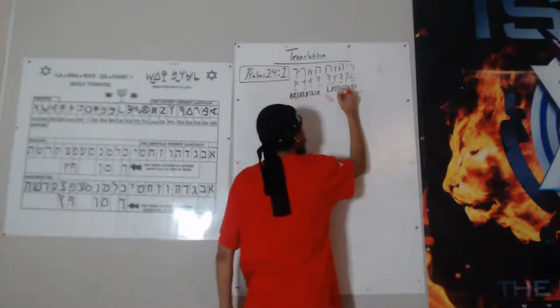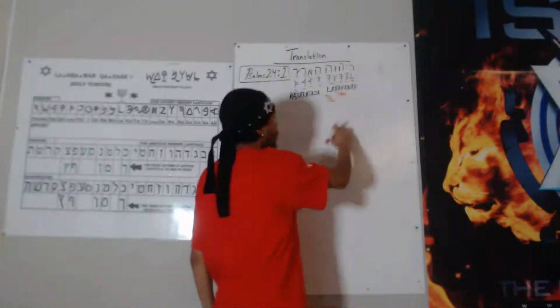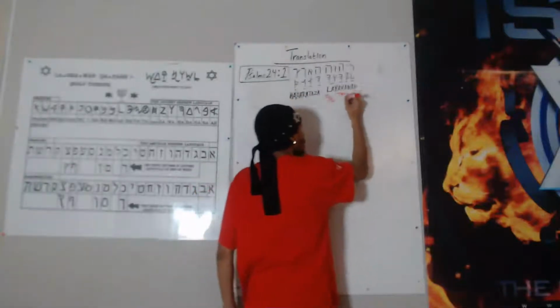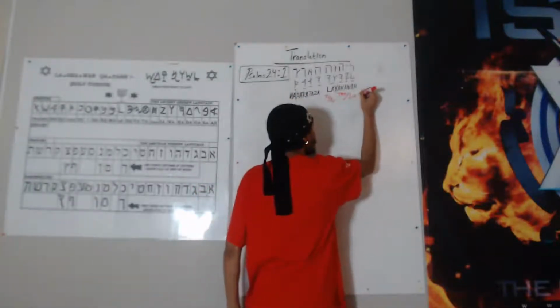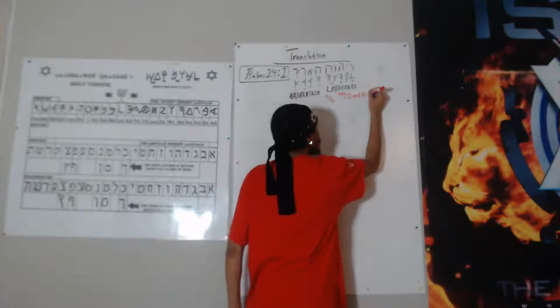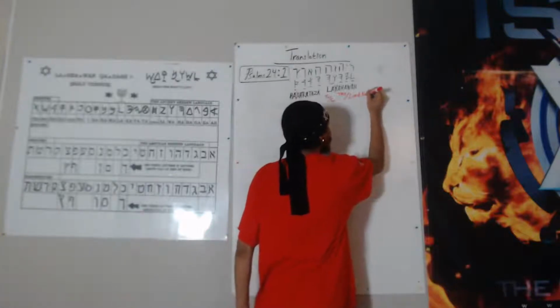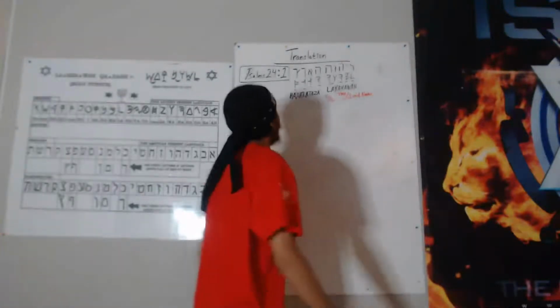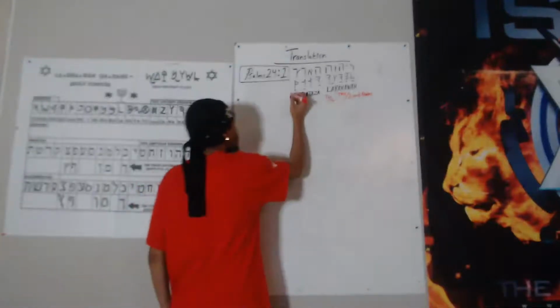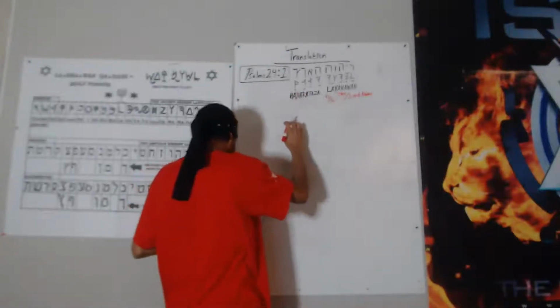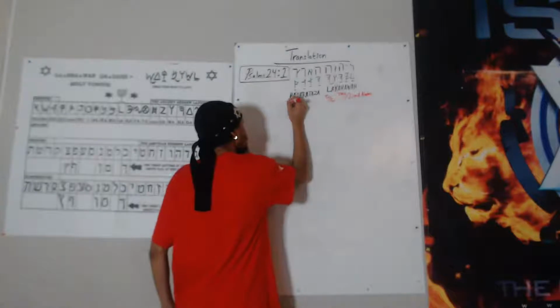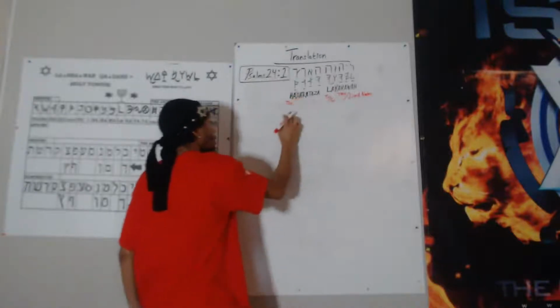Yahweh, once again, is going to be the Most High. TMH stands for the Most High, otherwise, Lord's name. Now, the Ha is a prefix for the.